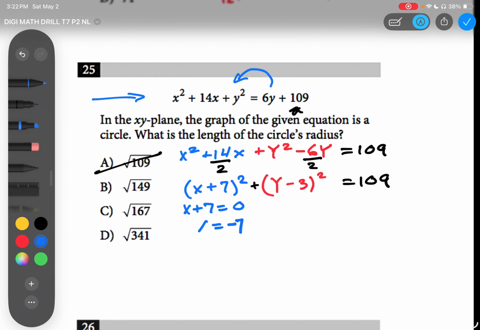All right, and for the y coordinate of our circle center, we set y minus 3 equal to 0. So therefore, y would equal a positive 3. So the answer, if they ask us for the center coordinates, is going to be negative 7, comma, positive 3.